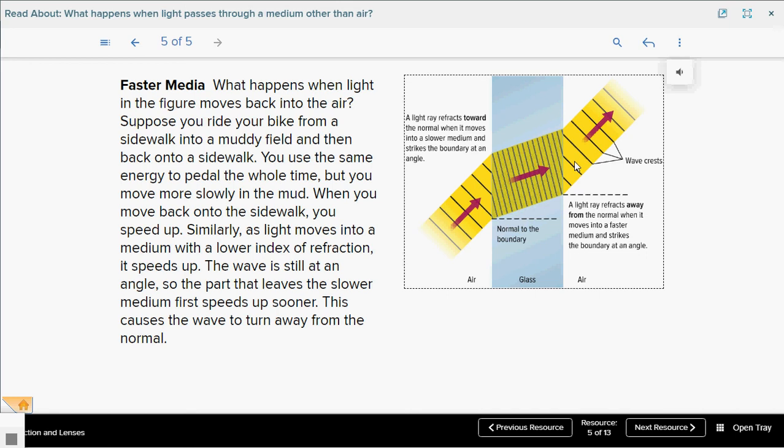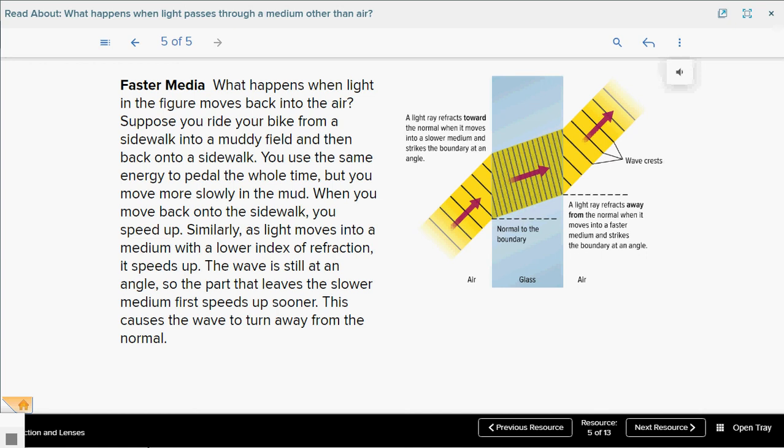Faster media. What happens when light in the figure moves back into the air? Suppose you ride your bike from a sidewalk into a muddy field and then back onto a sidewalk. You use the same energy to pedal the whole time, but you move more slowly in the mud.